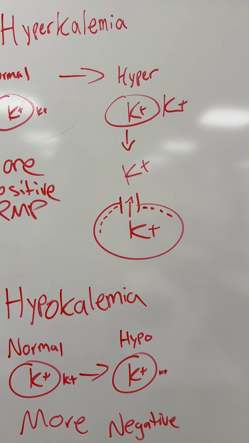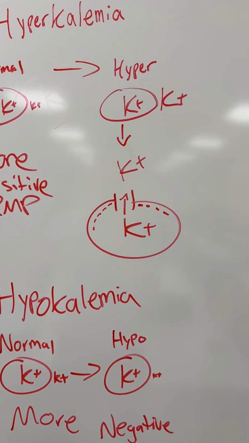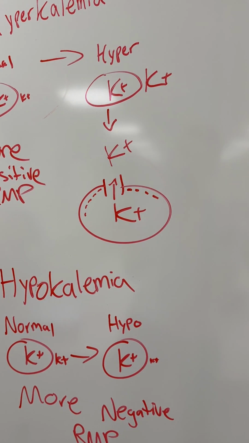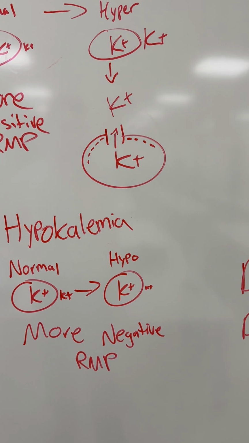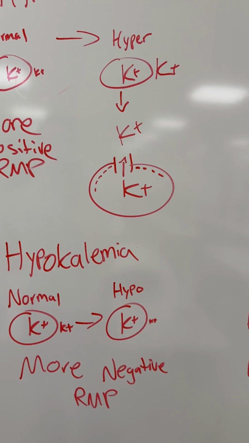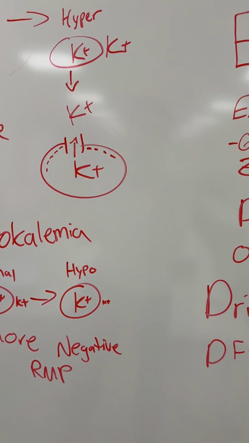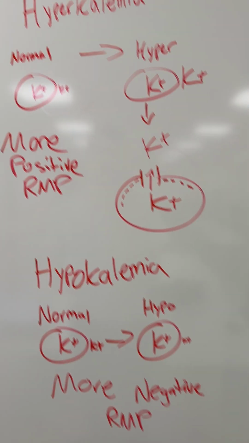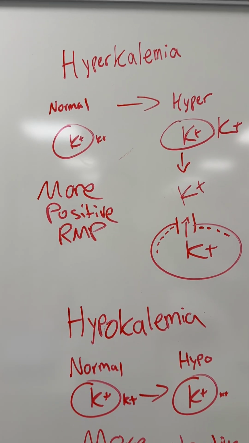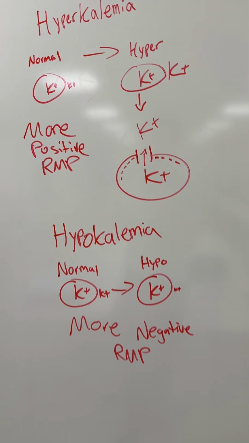This makes the concentration gradient less steep, less pronounced. So potassium is less likely to leave the cell, which results in an abnormal accumulation of positive potassium ions inside the cell, giving us a more positive resting membrane potential.